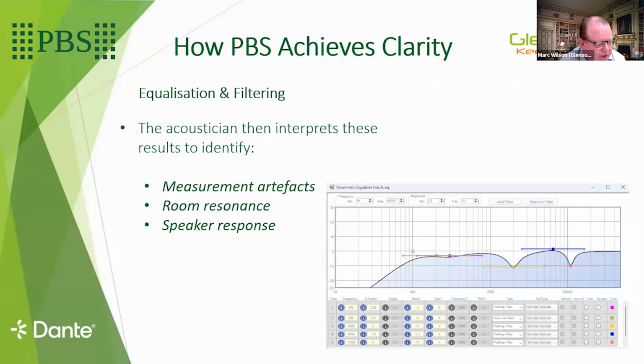Our acoustician would then interpret this to identify key factors: the measurement artifacts, the resonance within the room, and the speaker response. And this is what allows us to set optimal EQ settings for clarity in the room.